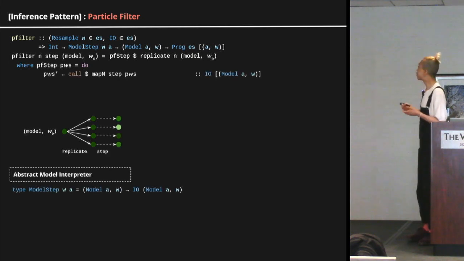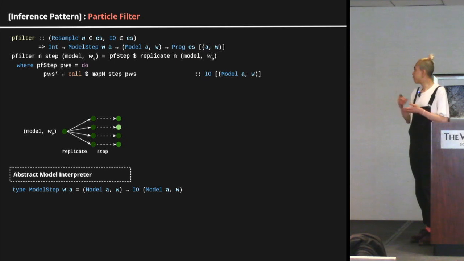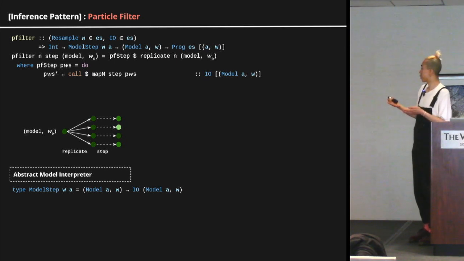We do this by first mapping step over our particles. Step is a model interpreter. It takes a particle and its weight, and it executes it, but only up to the next observe operation. It then returns us a suspended particle and an updated weight.